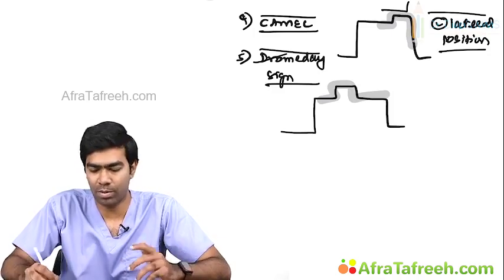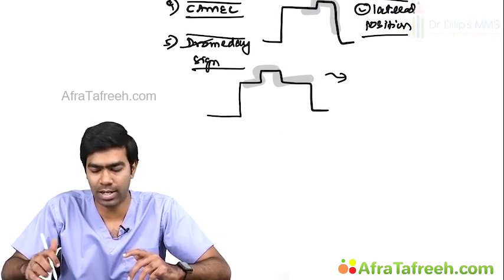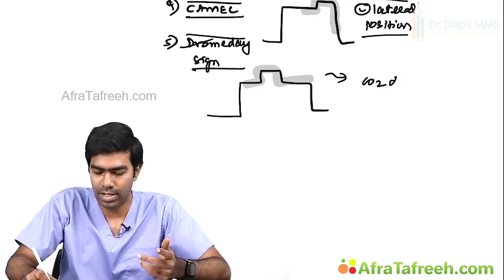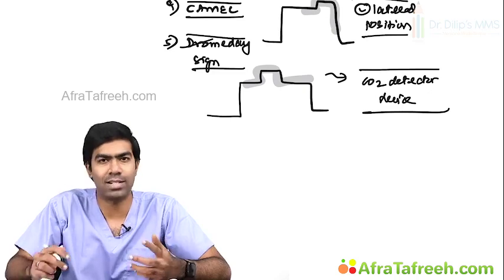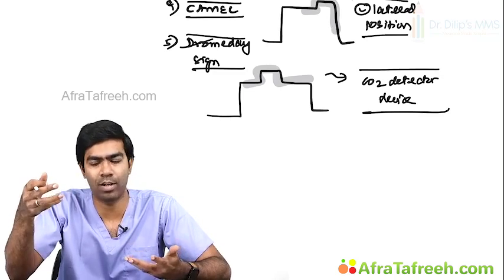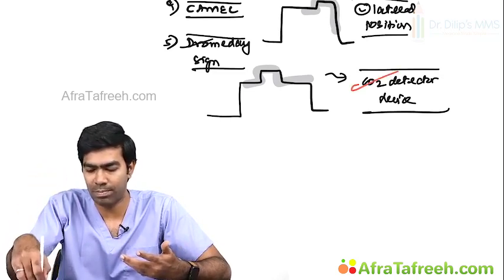It can happen if there is some problem in the CO2 detector device, which usually has a water trapping mechanism. That is a natural functioning of the device, and no need to go into the engineering of the device. But if there is a break in that water trap, you might get this dromedary sign with a middle hump. Dromedary is a camel again, for your information. So these are some of the signs that are very important for your exams.